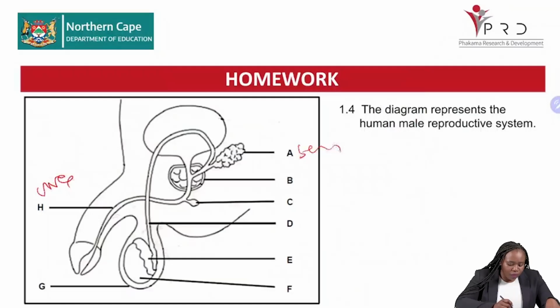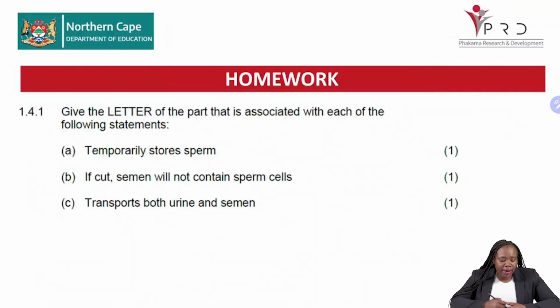For example, part G, you should understand why part G is structured the way it is. Why is part E placed where it is placed? What does it do? Then from there, you'll be able to answer any of these questions.